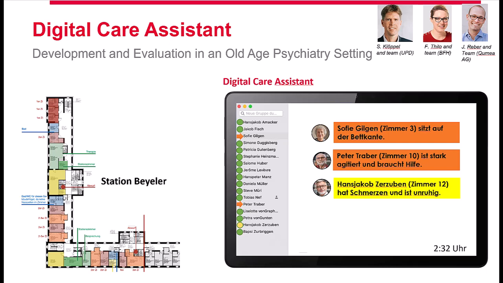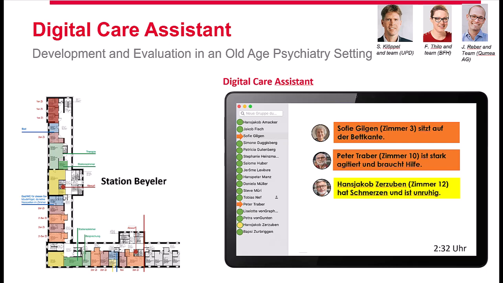Now, the hypothesis in this project is that if we would have a so-called digital care assistant that would use the sensor technology to recognize how patients are currently doing, this would simplify or facilitate the care of these patients.